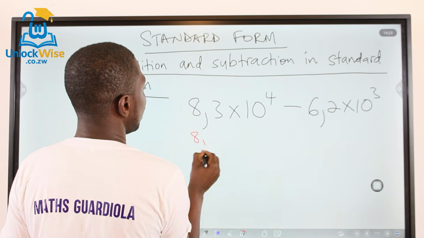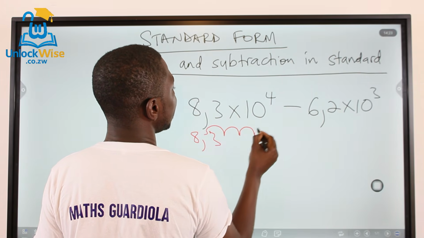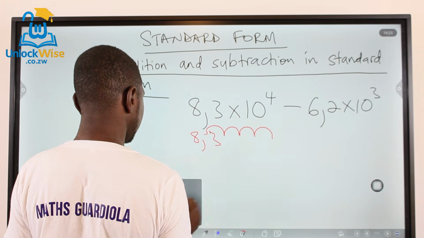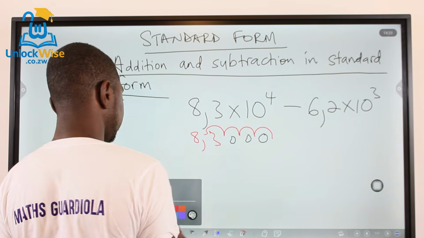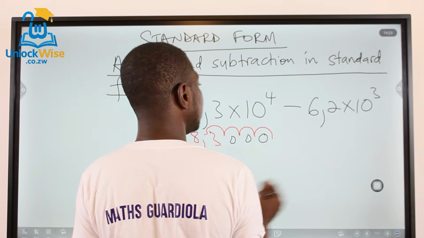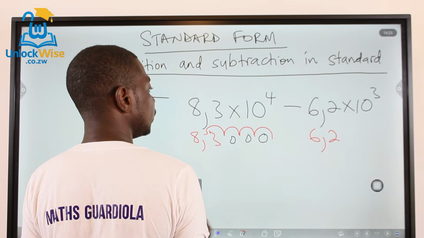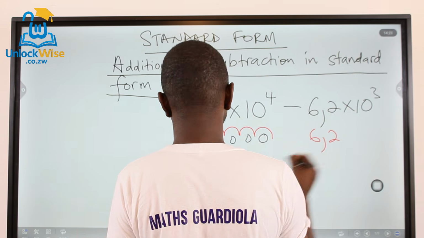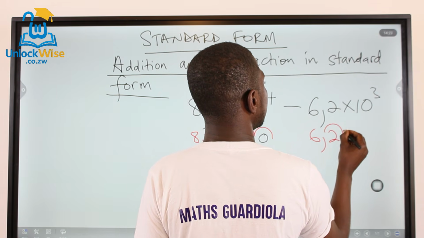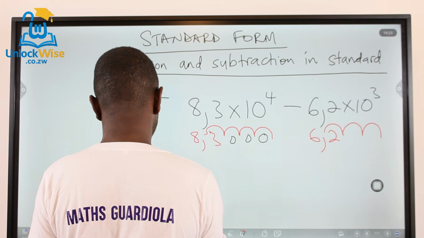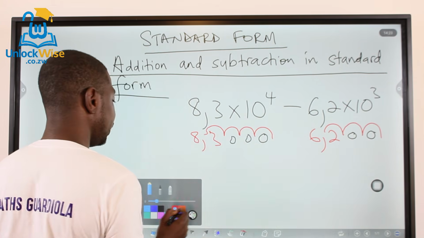We have 8, comma 3 times 10 to the power 4, which means we are going to have 1, 2, 3, 4. And we also change this one to ordinary form, which will give us 1, 2, 3.